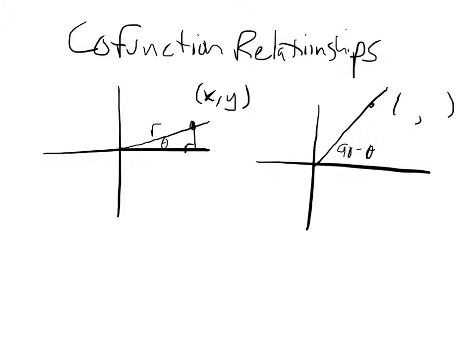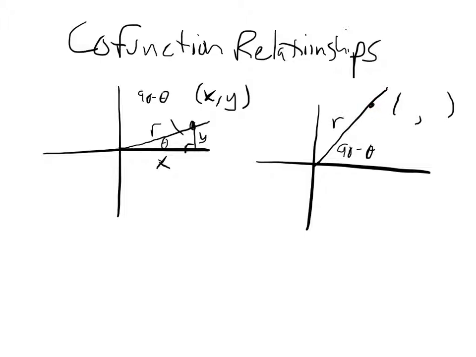And let's suppose we take that 90 minus theta angle and put it in standard position. If I'm over here with this right triangle, and I label, I've got x, and x is going to be opposite that 90 minus theta angle. So that's my x here, coming out x, going up y. Let's put that 90 minus theta into standard position and label the point that is r units out on the terminal side.